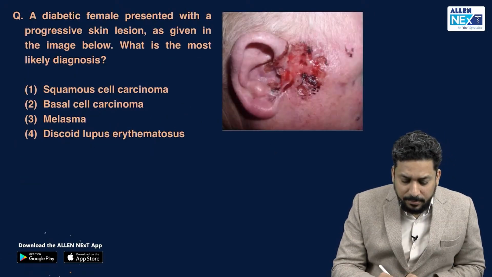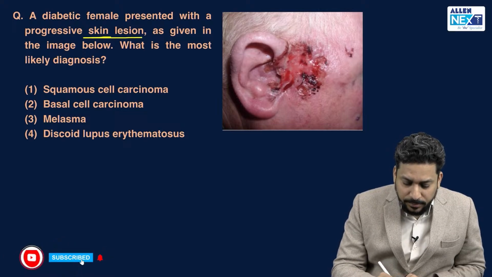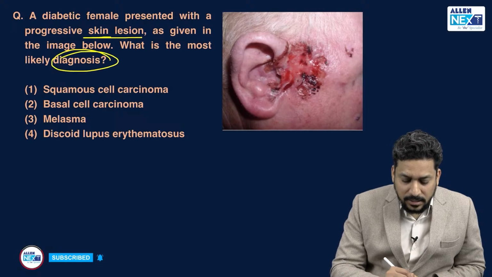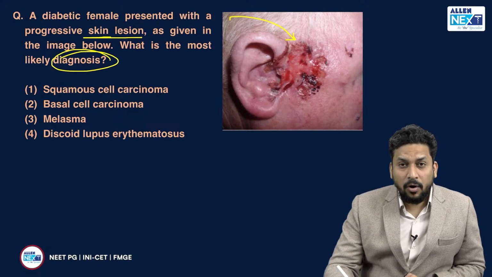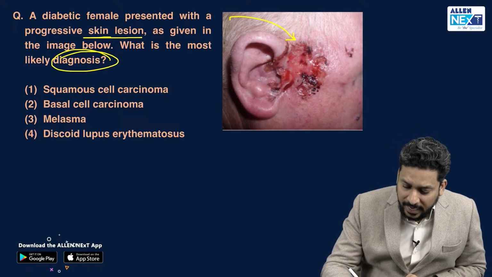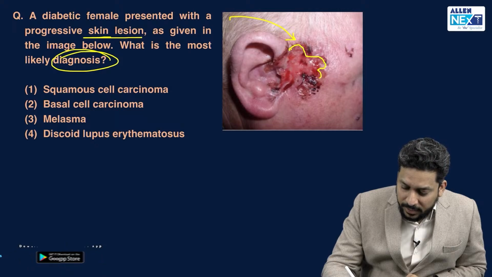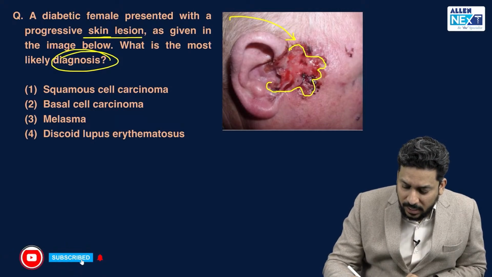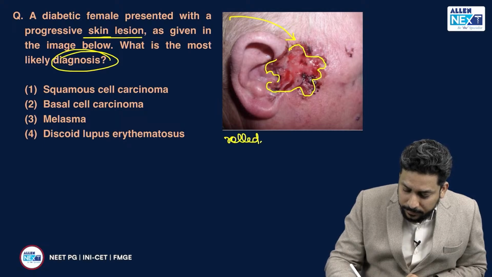Now, a diabetic female presented with a progressive skin lesion as given in the image below. What is the most likely diagnosis? So if you see the image, the site involved is the upper part of the face, where such erosion is present. And if you look, the margins are rolled.